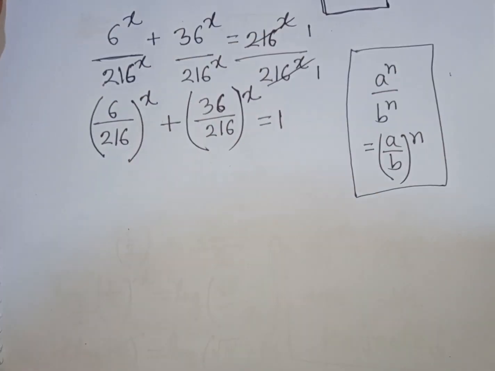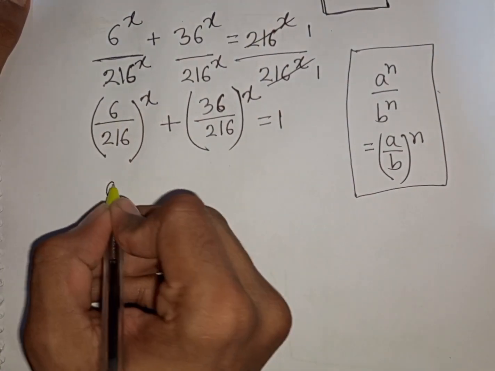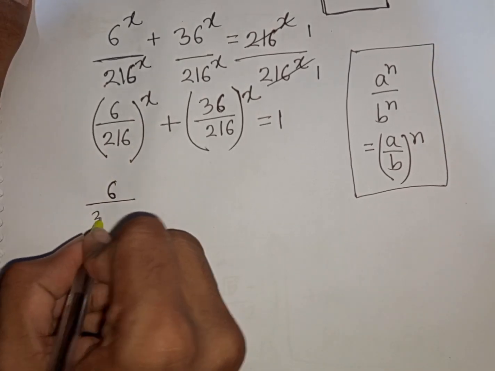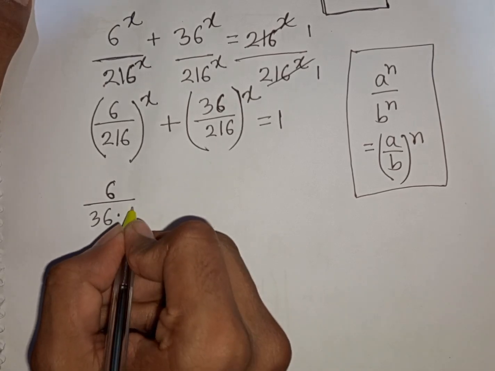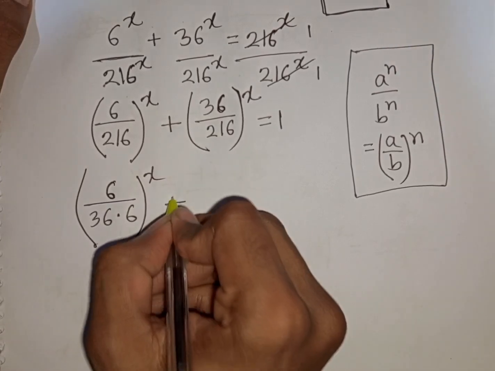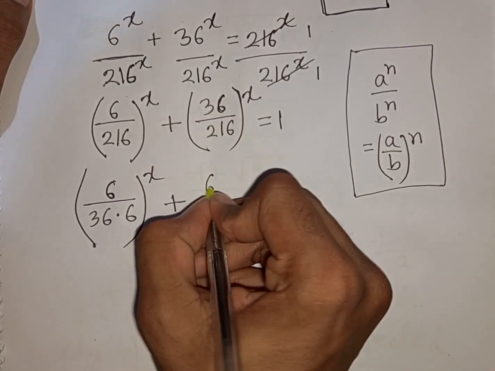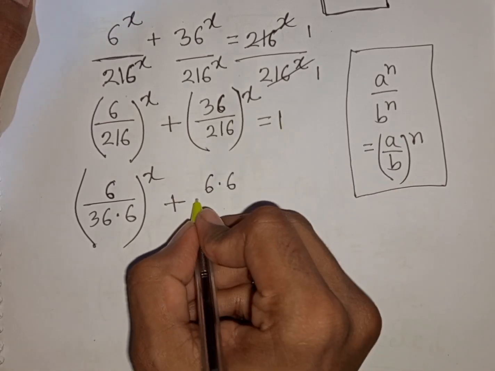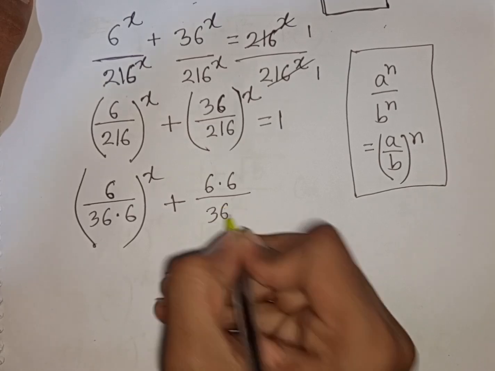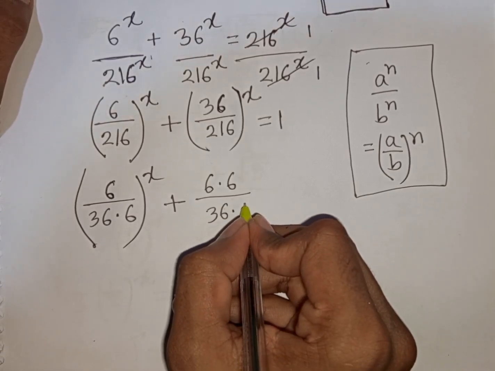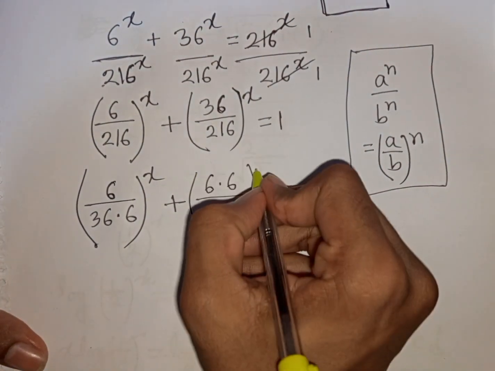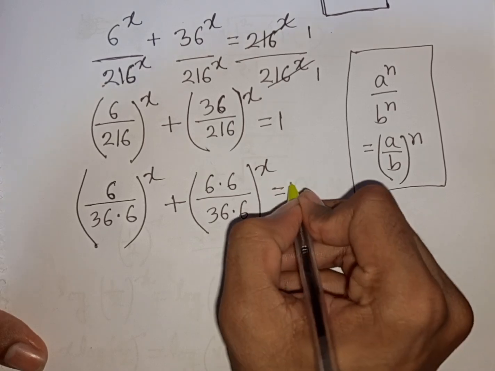Now we have 6 over 216 can be written as 36 times 6, then bracket power of x, plus 36 can be written as 6 times 6, then over 216 can be written as 36 times 6, then bracket power of x is equal to 1.